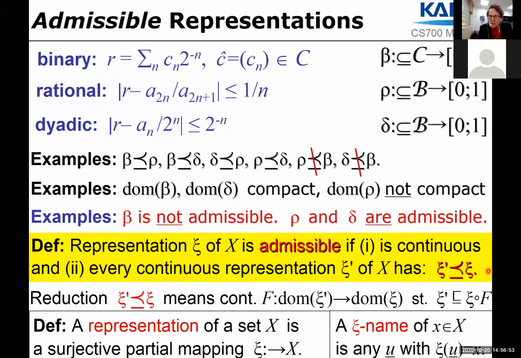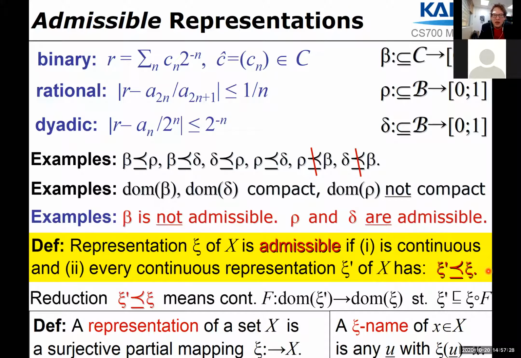So that's important evidence for the representation rho of rational approximation and the dyadic representation delta to be actually the computability theoretically reasonable ones. And only when we proceed to complexity questions, then also the rational representation rho drops out of the picture and only the dyadic representation remains for now. We're going to introduce another representation when we talk about complexity.